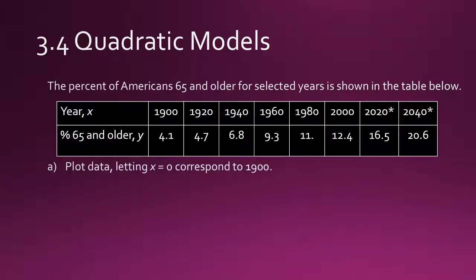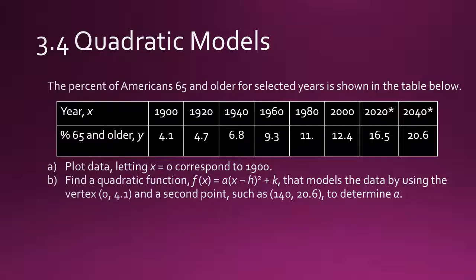We're going to plot the data, letting x equals 0 correspond to 1900. So 1900 is 0 for x, 1920 will be 20, 1940 will be 40, 1960 will be 60, 1980 will be 80, 2000 will be x equals 100, 2020 will be 120, and 2040 will be 140.